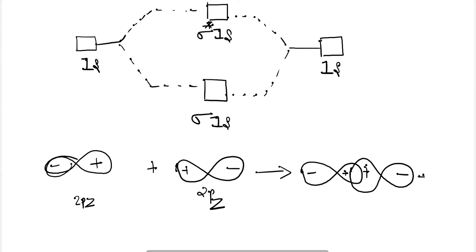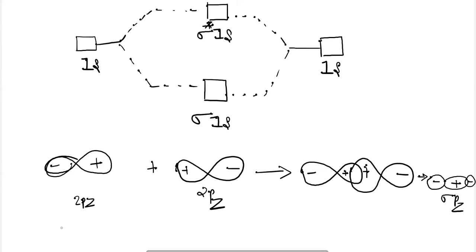So they will form a structure something like this, and this will form the bonding sigma orbital.